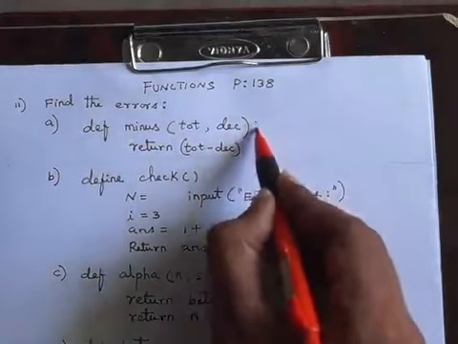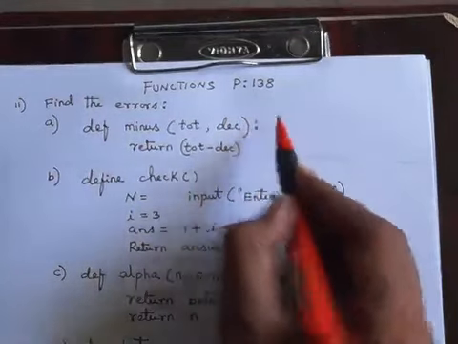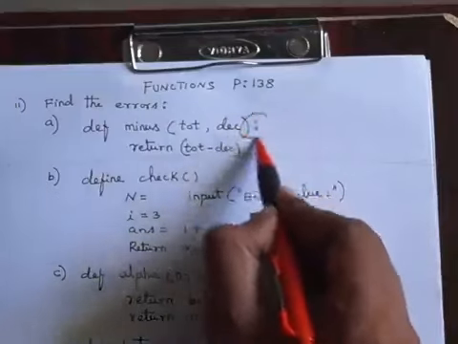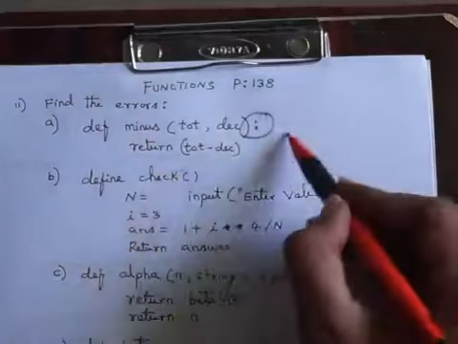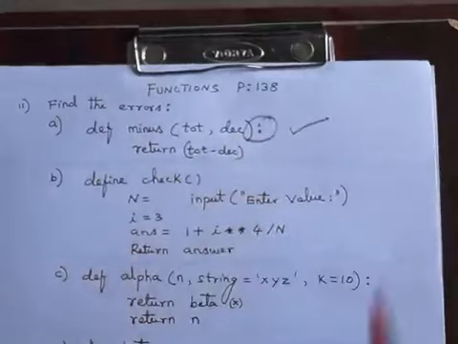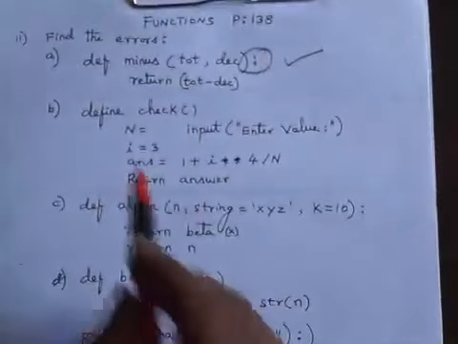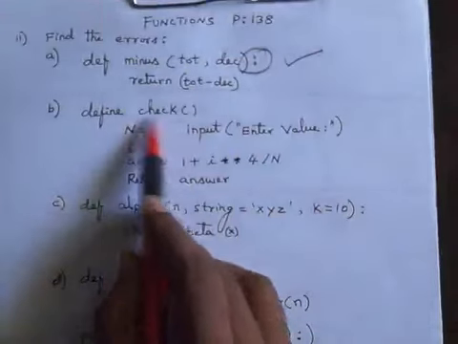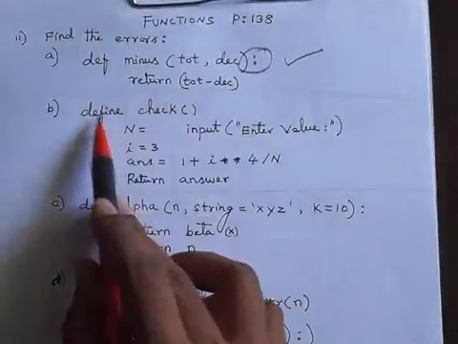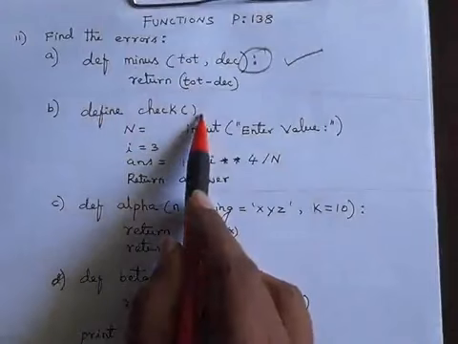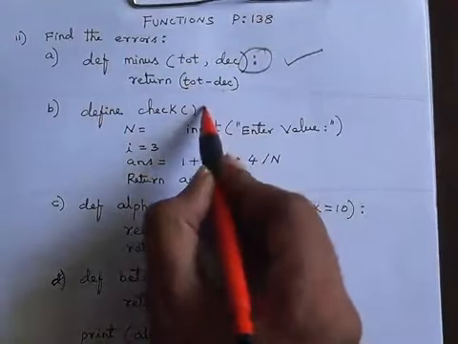Colon is missing. So you have to write colon. Understand? Okay. So except this one, everything is correct. So we had finished the first one. Okay, A was finished. And next, what is this? It's a check function. Before the check function, you have to give def, and here you have to give what? Colon. So here you have to give colon.